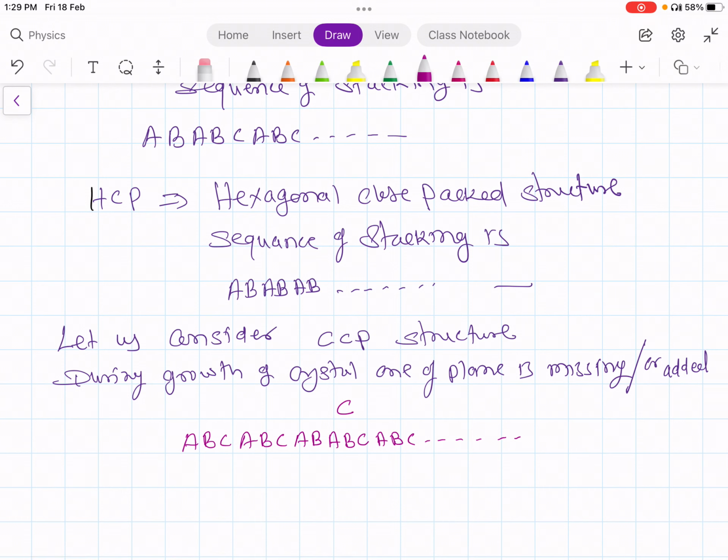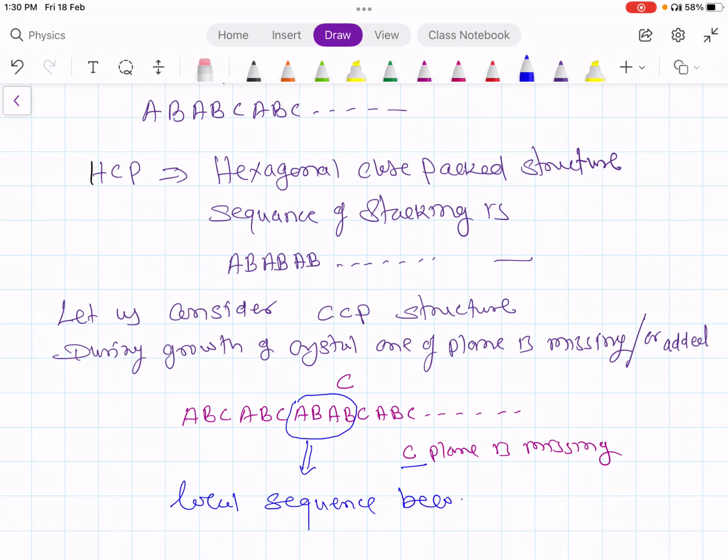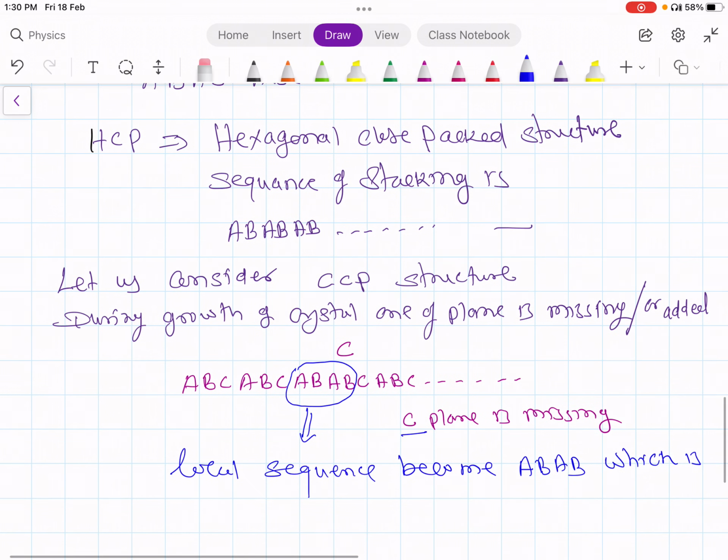So in this case, the C plane is missing, or the C atomic layer is missing, and because of that the local sequence becomes AB AB, which is the HCP sequence.